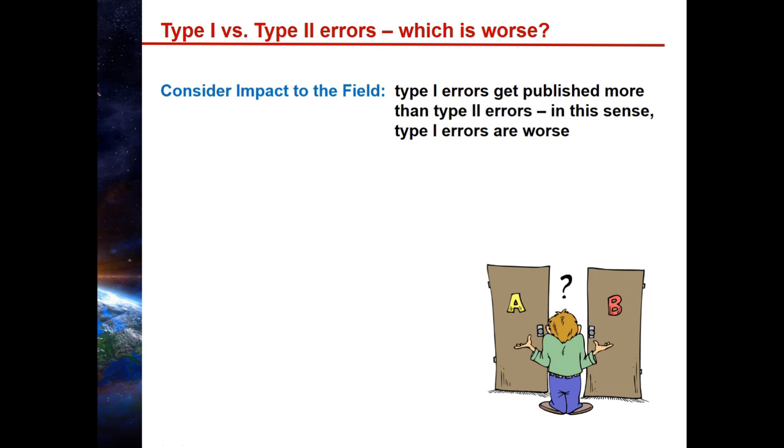Well, in order to understand this, you have to understand that the type of error that is most likely to get published is a type 1 error. So why is that? Why are we more likely to see type 1 errors than type 2 errors in the published literature? And that has to do with the journals themselves.